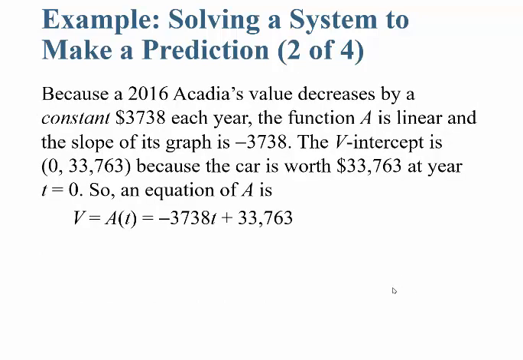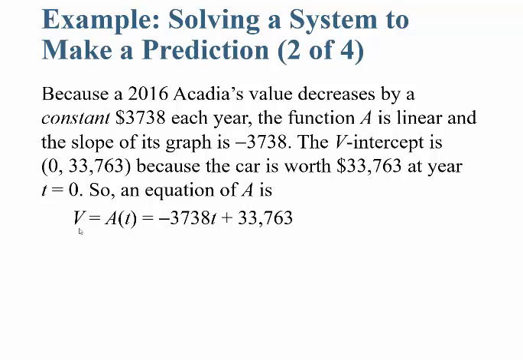Because the 2016 Acadia's value decreases by a constant $3,738 each year, the function A is linear, and the slope of the graph is minus 3,738. The V-intercept is 33,763, because t is years since 2017, and that's what the car is worth at t equal to 0.